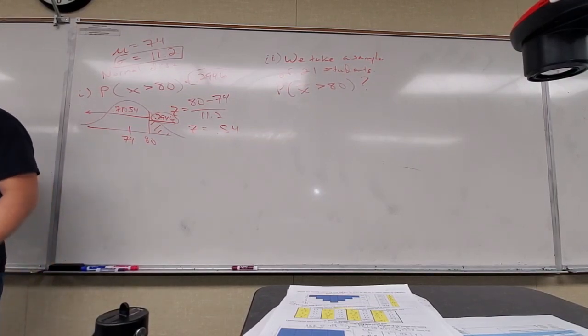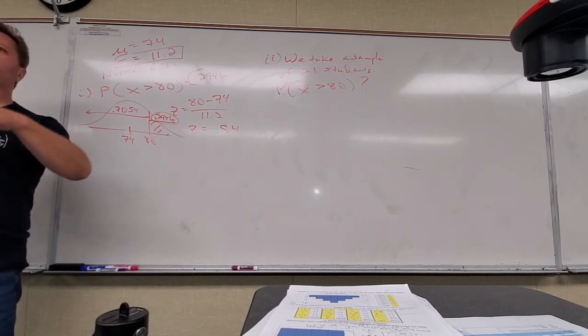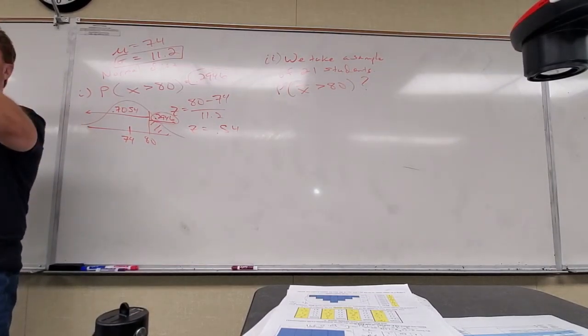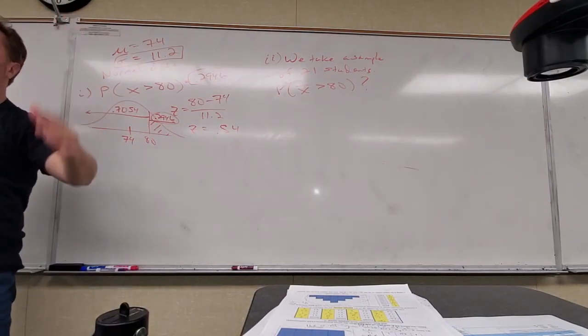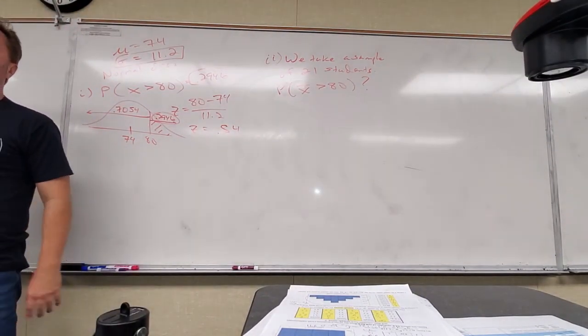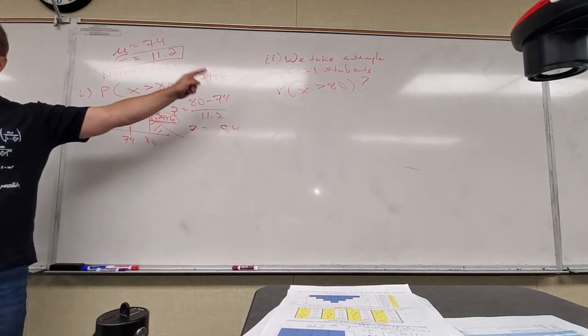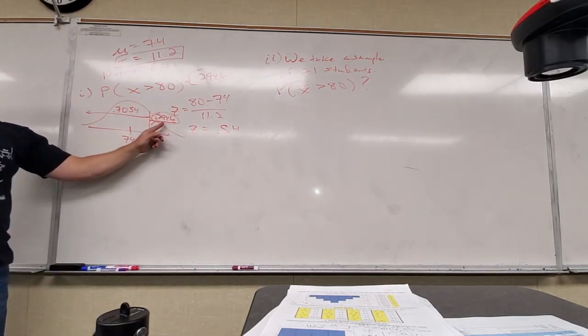That might be a little weird question. Would it be weirder to pick one person who scored above 80 if the mean is 74, or 21 people that scored above 80? 21. Yeah, okay, so this probability should be smaller than the one before.